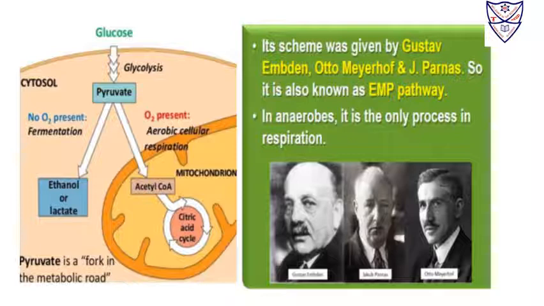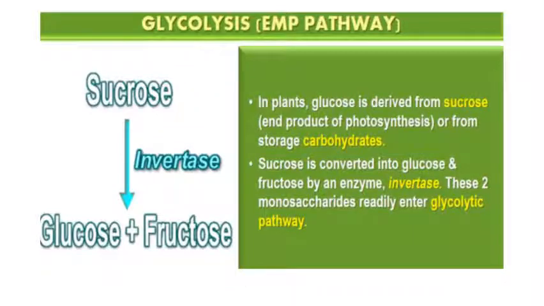So what happens during glycolysis? We know that glucose is derived from sucrose or from the storage carbohydrates, right? In plants, the storage carbohydrate is starch. So sucrose is converted into glucose and fructose with the help of an enzyme called invertase.